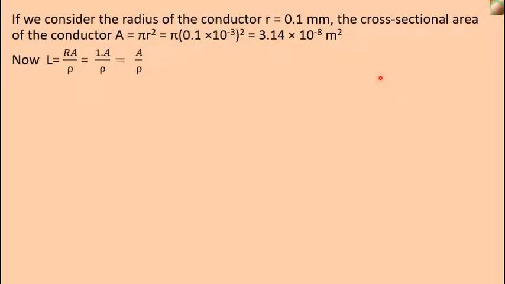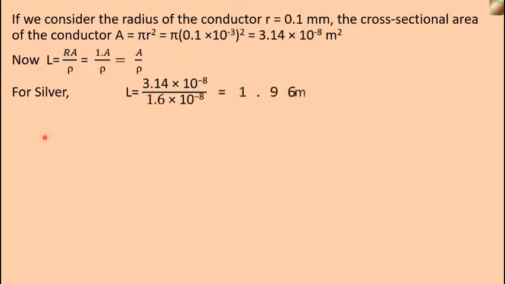Now L is equal to RA divided by rho, that is R is 1 ohm, so 1 into A divided by rho is equal to A divided by rho. Now we have to divide the cross-sectional area by the specific resistance to get the actual length of the conductor.